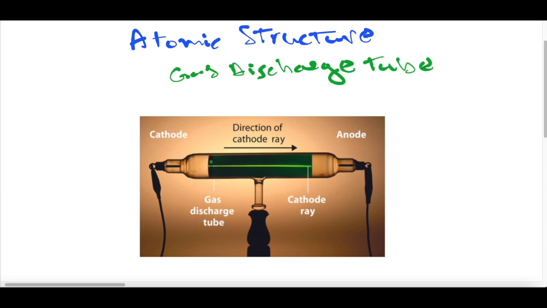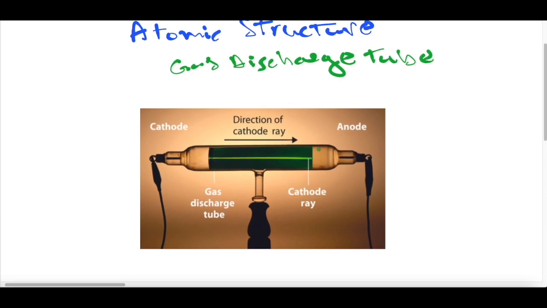So in this experiment, we have a sealed tube filled with a gas at very low pressure, and by application of a high voltage between the two electrodes, so here we have the negative electrode and the positive electrode, we could observe that electricity flows through the gas in the form of light that we see here. Here is this green light.